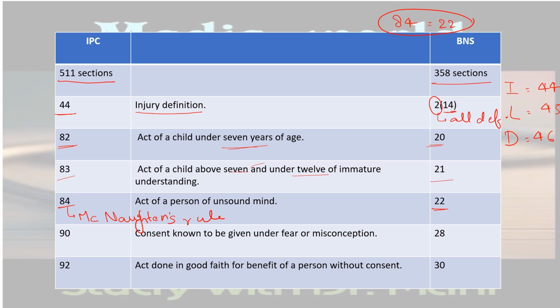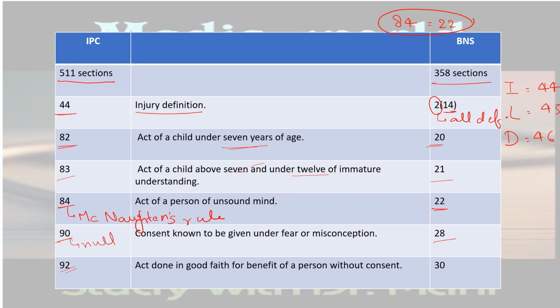Okay, done. Now 90. 90 was the null consent. Means if consent is given under any fear or misconception, then the consent is not valid. We can learn it by 84 plus 6, 22 plus 6, 28. Okay. Now 92. 92 was "nahi do fir bhi chalega".